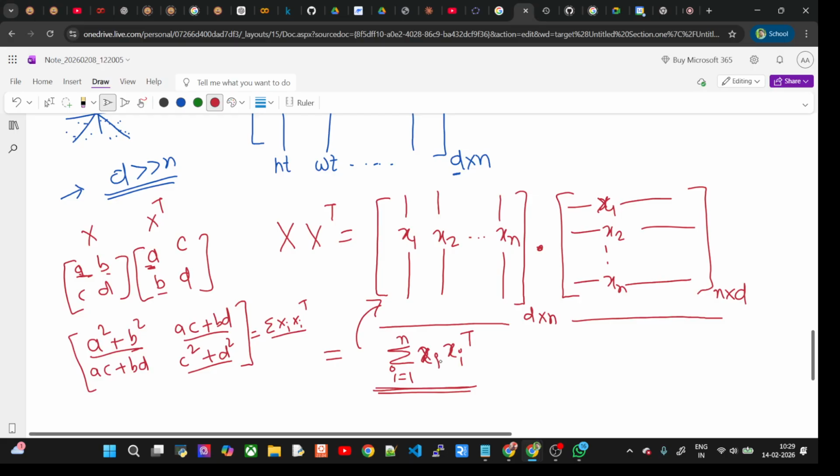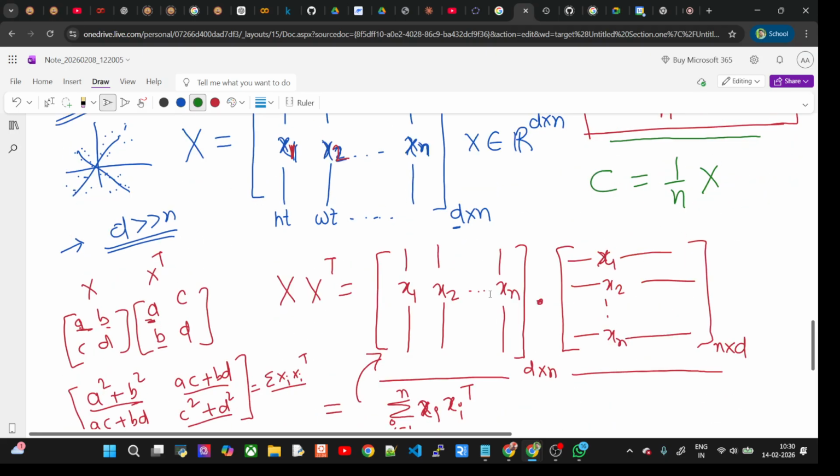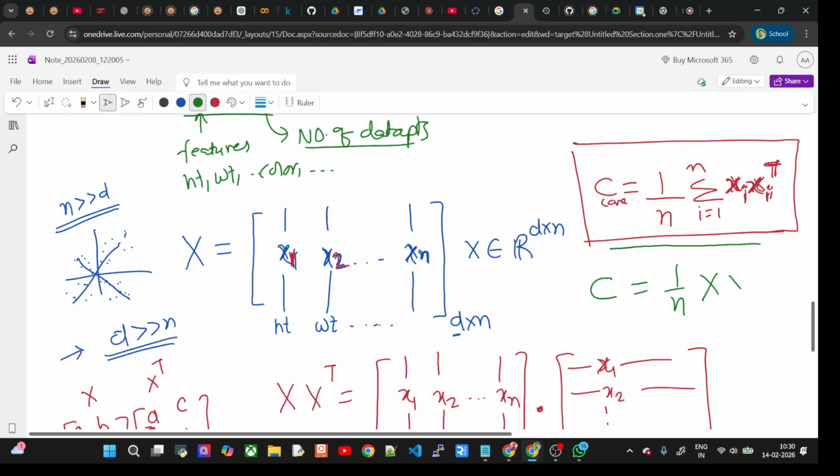So that's why earlier we have written c equal to 1 over n times the summation of xi into xi transpose. Instead of that, I can write this as 1 over n times capital X, because capital X is now just replaced. If I do this calculation, I will get the xi into xi transpose, so I am just doing x into x transpose.